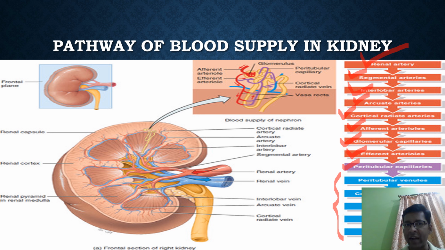So this is the blood supply of the kidney, how the arteries enter the glomerulus, how it comes from the main branch, and how the venous drainage starts.